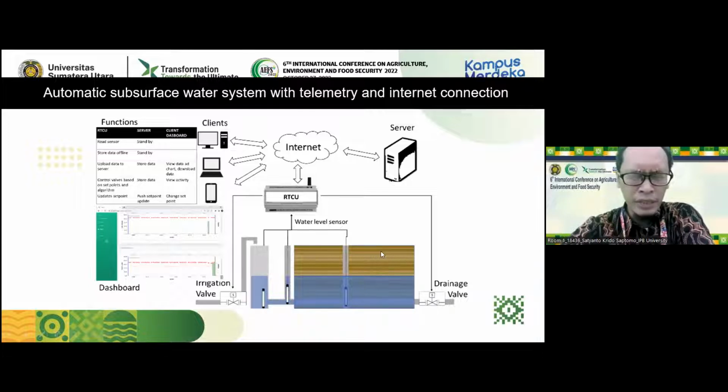Actually, we are developing the field scale model, not lab scale, near the campus. But in the system we are using subsurface perforated pipes to flow water, and we control the water level by controlling water in this reservoir. And everything is connected, operated automatically, and can be set by using the internet connection.